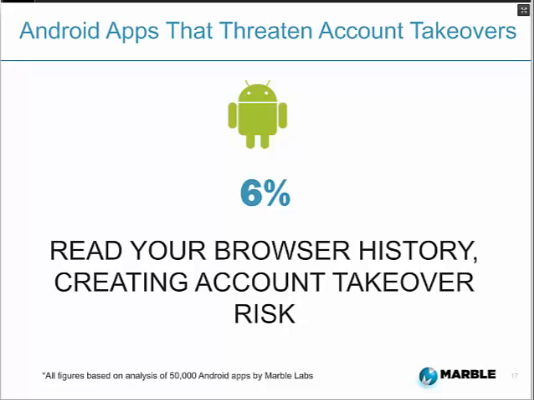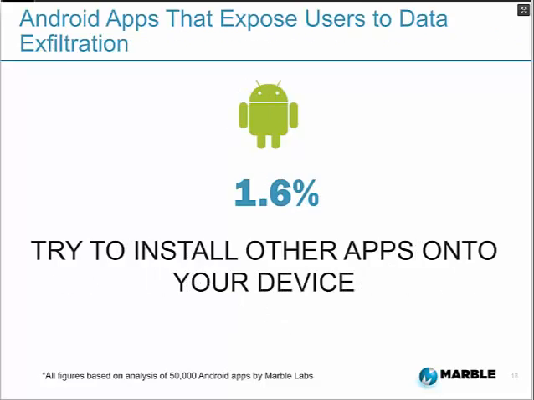We're also correlating that data with network threat information, so we can tell, for example, if an app is sending data to an IP address that has historically had malicious activity. So it's hosted a botnet, it's hosted malware, it's hosted a phishing site. Then we flag it as risky, and we show that in the Marble app to the user, and we can also flag that to IT so they can block that user until they delete that app.